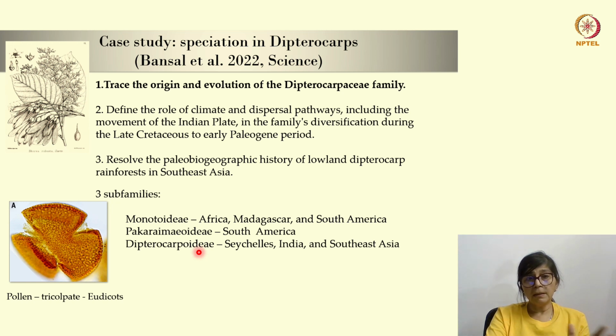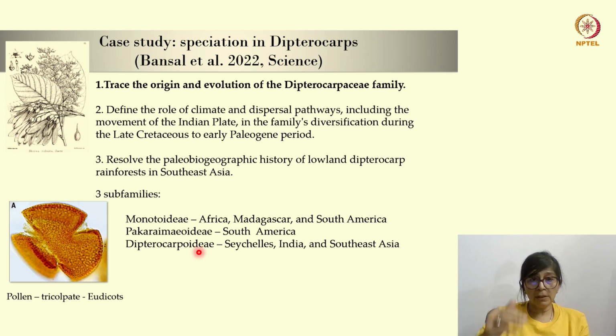Dipterocarpaceae is within that family. There are three subfamilies. As you can see, Monotoideae is distributed throughout Africa, Madagascar, and South America. Africa, Madagascar, and South America have a somewhat drier climate than the Seychelles, India, as well as the Indo-Malayan, Southeast Asian region.